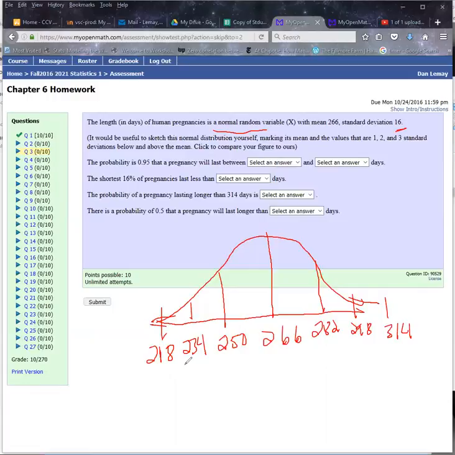Okay, so now just to refresh your memory from the reading, we're going to use the empirical rule, which is another name for the 68, 95, 99.7 rule, and that's all this problem is asking me to find so far. So this is plus or minus 1 standard deviation, plus or minus 2 standard deviations, plus or minus 3 standard deviations. So the probability is 0.95.